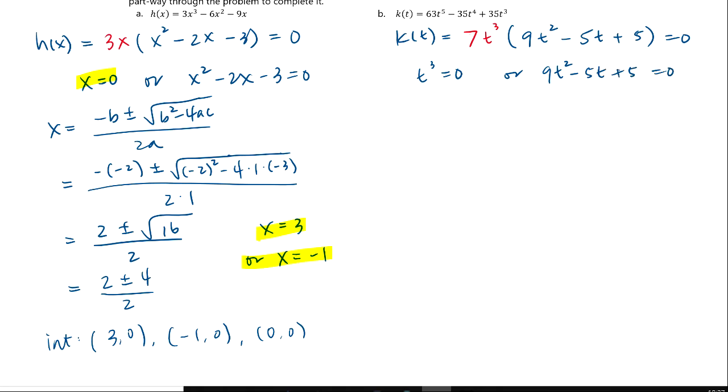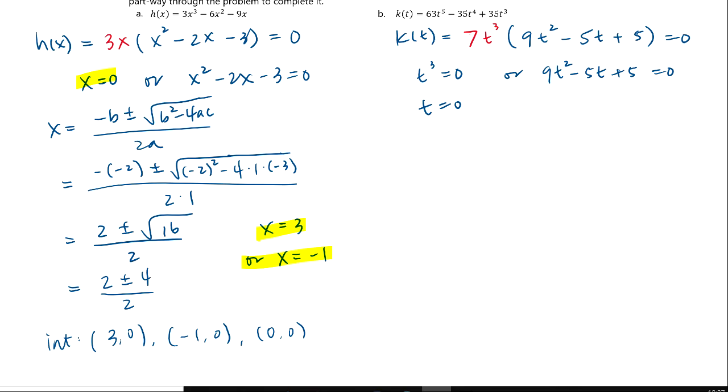By the same argument as the zero product principle, you can break down t cubed to be t times t times t, and that leaves the only option possible as t equal to 0. Alternatively, you can just think one number times itself is going to be 0. The only way to get 0 is to have 0 as a factor.